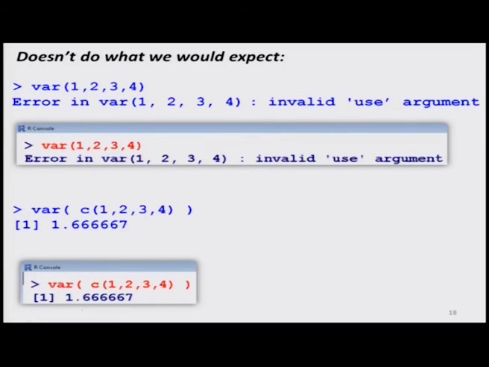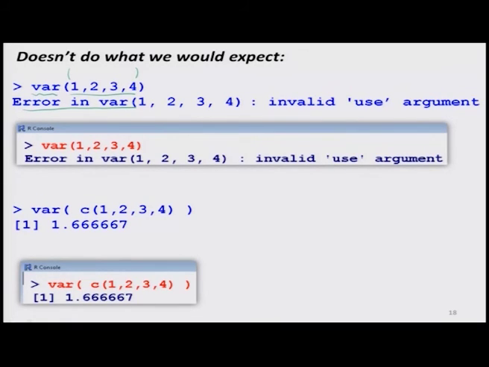Now, a word of caution. Suppose you want to find out the variance of 4 values 1, 2, 3 and 4, and suppose you use the variance function VAR directly on these values 1, 2, 3, 4 given inside the argument, then you will not get anything. It will tell you that there is some problem in this command, and this is an invalid command.